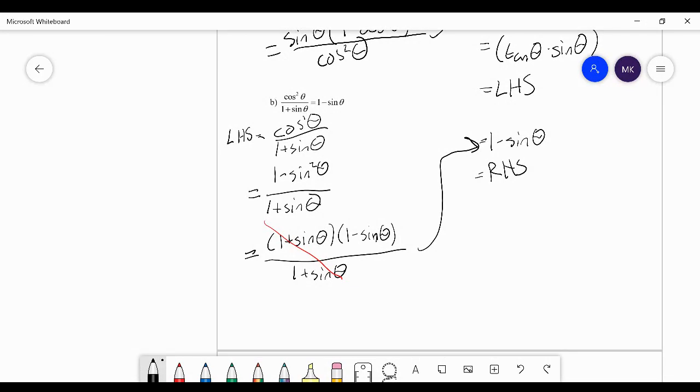So that's it, right? Now you may be going like, yeah, cool, that was not great or confusing or anything like that. What we have to think about here is as I'm going through the examples, I'm showing you some of the common tools, some of the common techniques that are going to be applied to verifying trig identities.